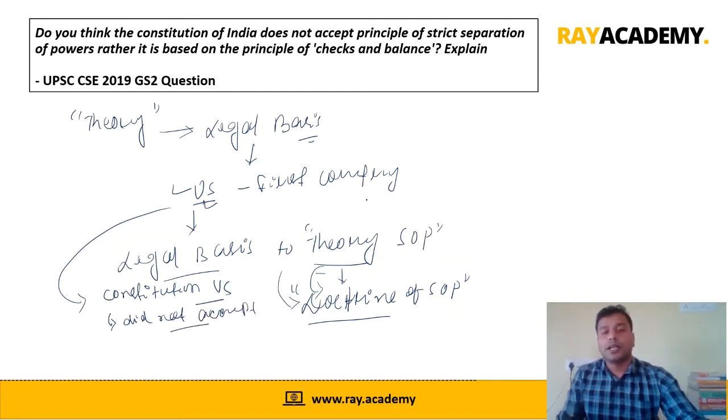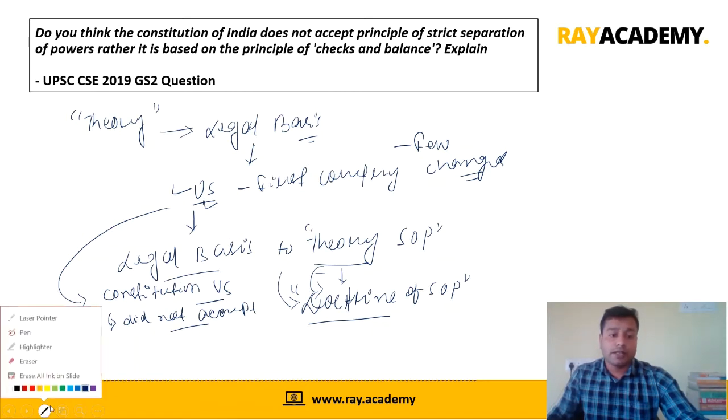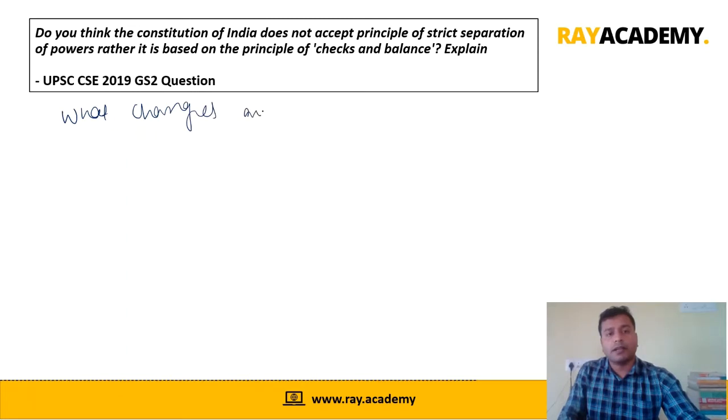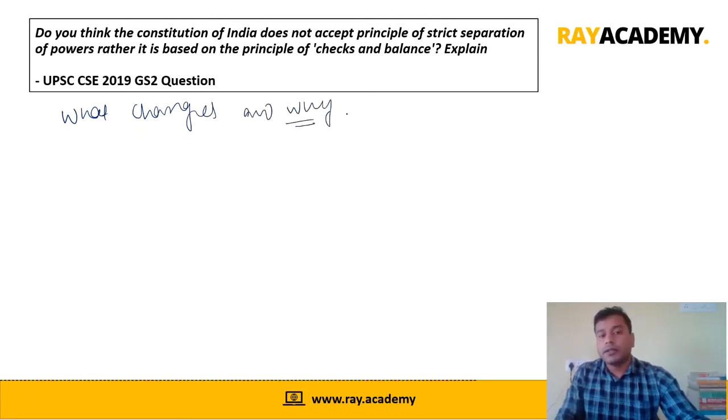No, it made a few changes. So let us try to understand what the changes are, and why the US made these changes to the doctrine of separation of power.